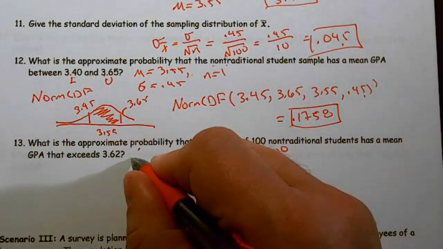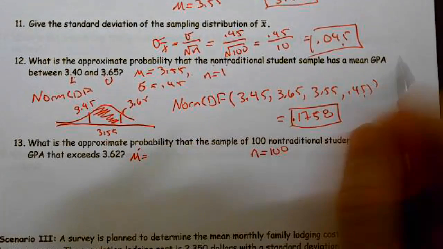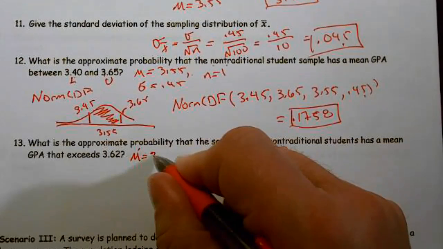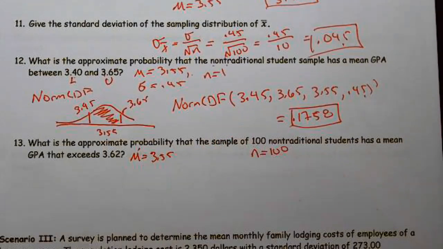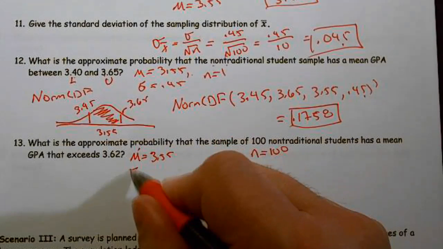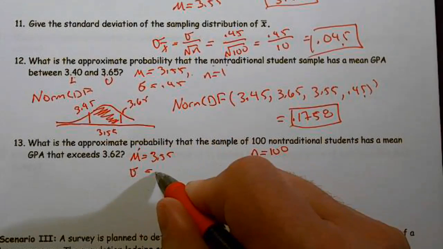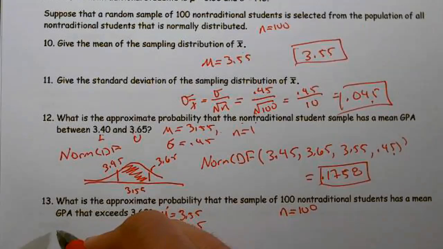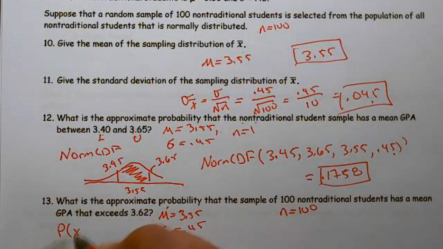I'm going to go ahead and write mean equals 3.55 because that was the mean for this. The standard deviation of the population happened to be 0.45, and we're looking for the probability that x bar is greater than 3.62.